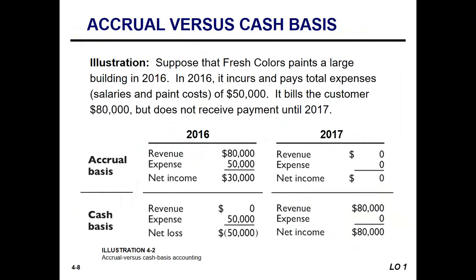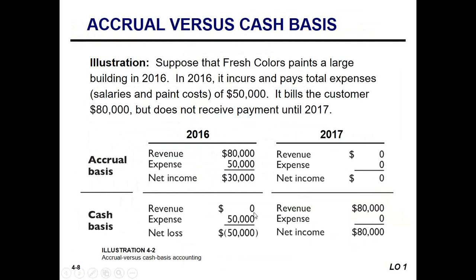So look at the difference. Under accrual-based accounting, we would recognize the revenue of $80,000 in 2016 when that revenue was earned, and also recognize our expenses, so showing a net income of $30,000.